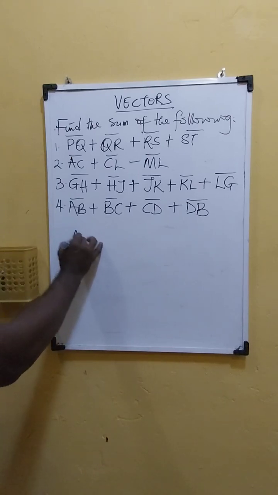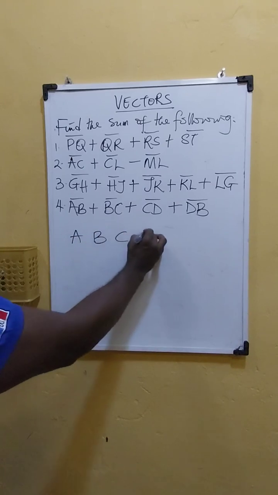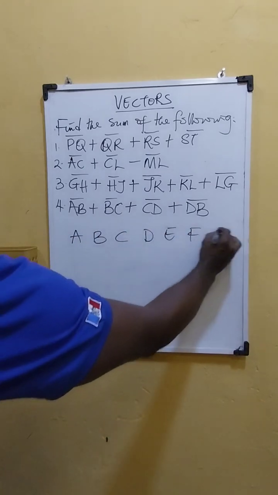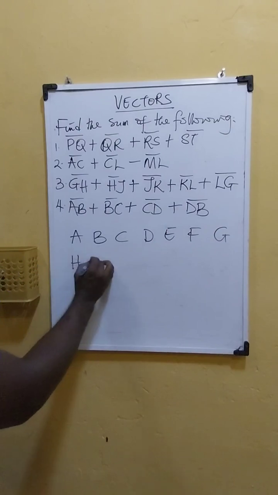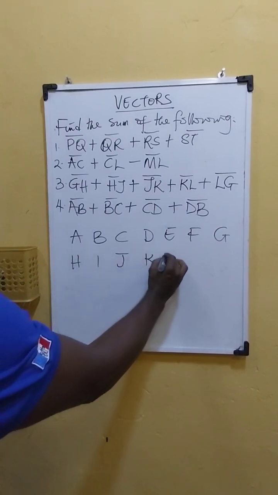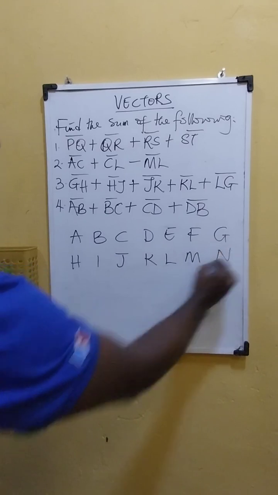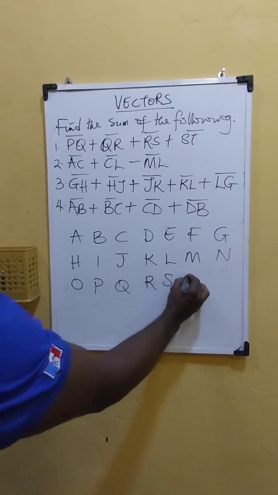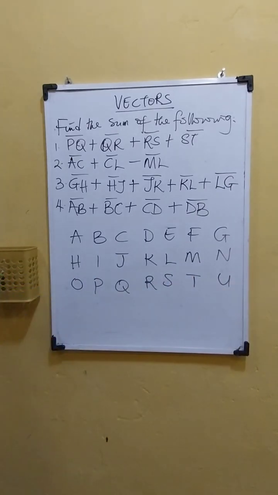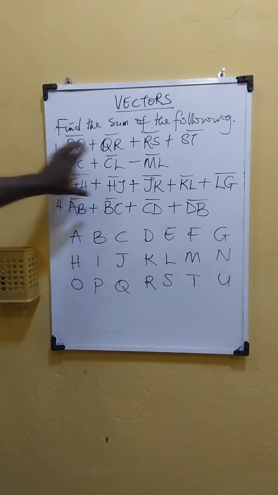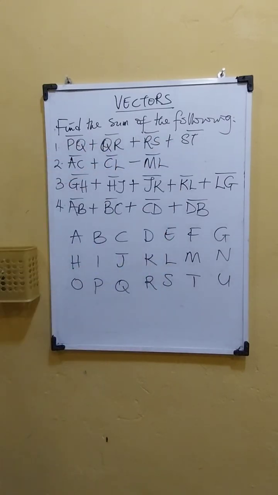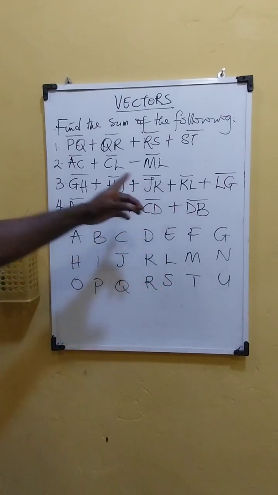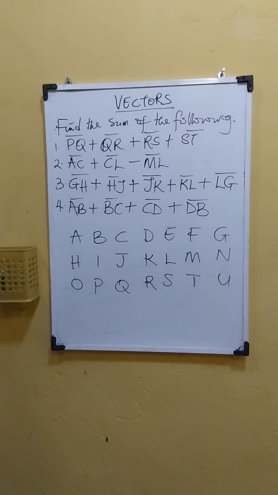You write A, B, C, D, E, F, G, H, I, J, K, L, M, N, O, P, Q, R, S, T, U. We can stop there at U, because if you look at the questions given to you, none of them goes beyond the U. So what's the essence of writing the alphabet in this way?